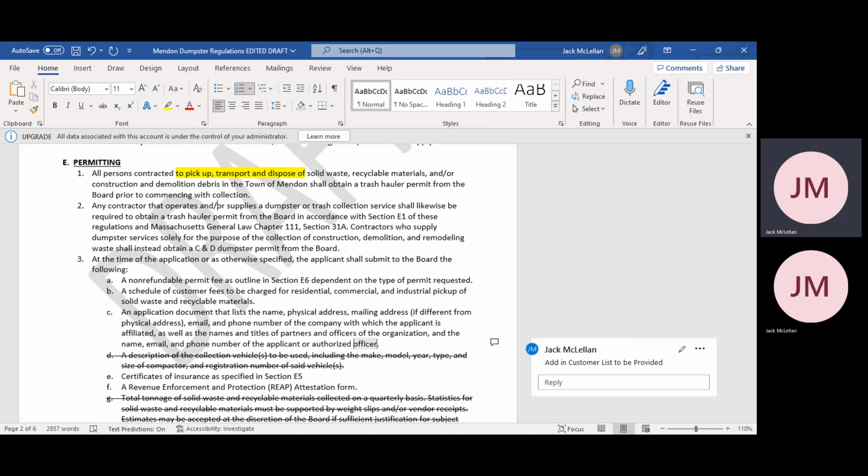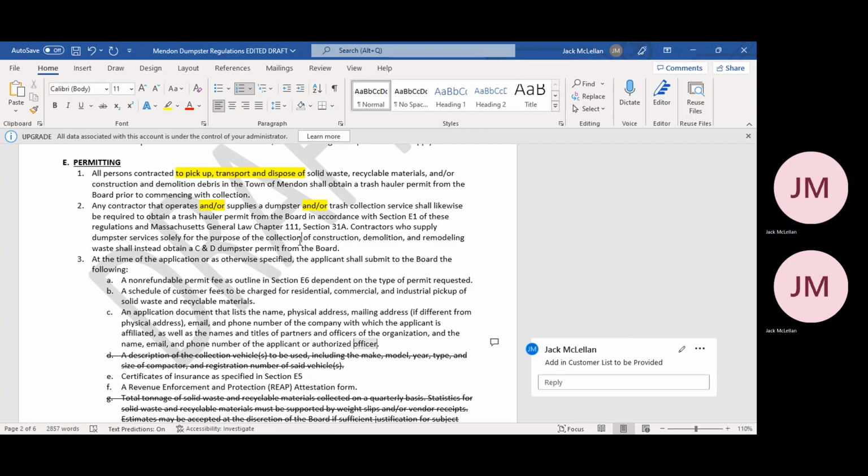Under permitting, number 2, the initial introduction where it says any contractor that operates or supplies a dumpster or trash collection service, have it phrased "any contractor that operates and/or supplies a dumpster and/or provides trash collection service," whereas the initial statement seems to be an "or" only, and the "and/or" covers companies that might be doing both.